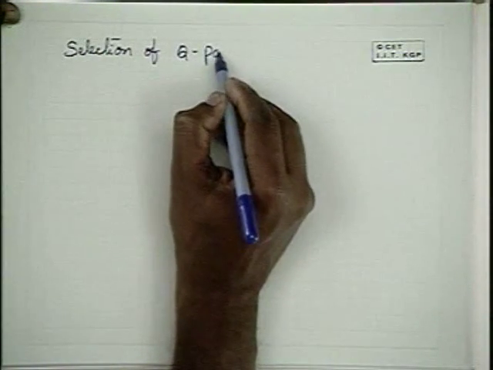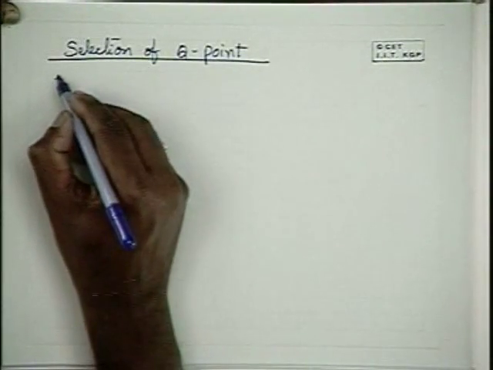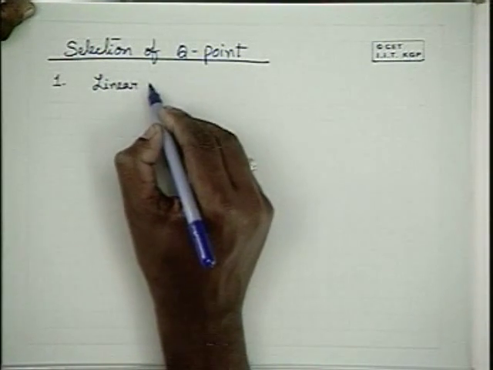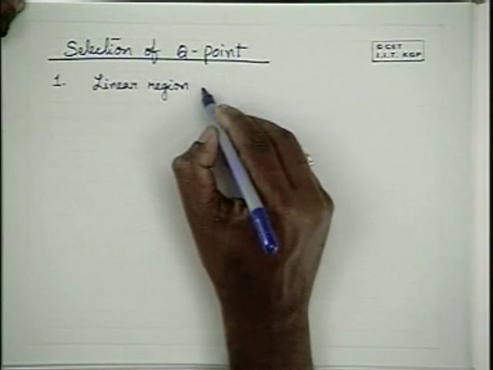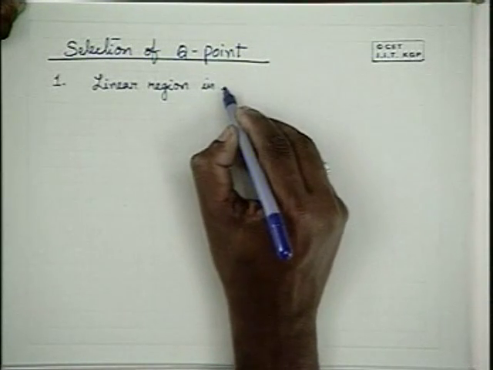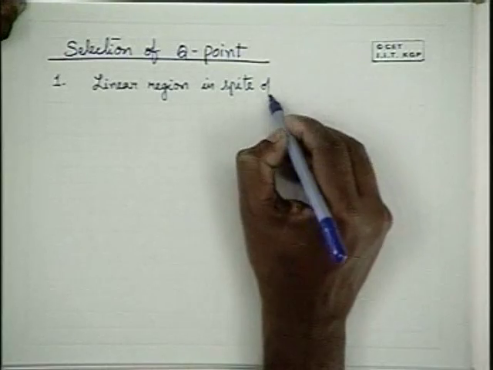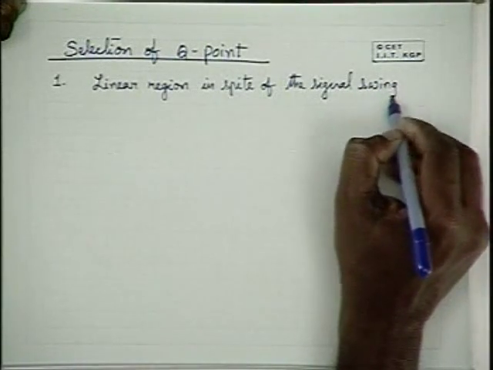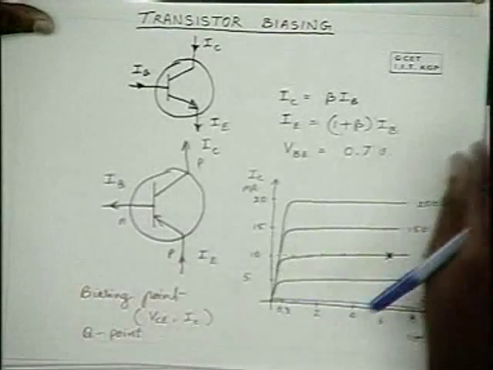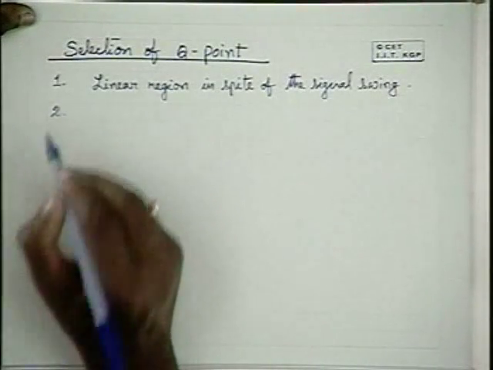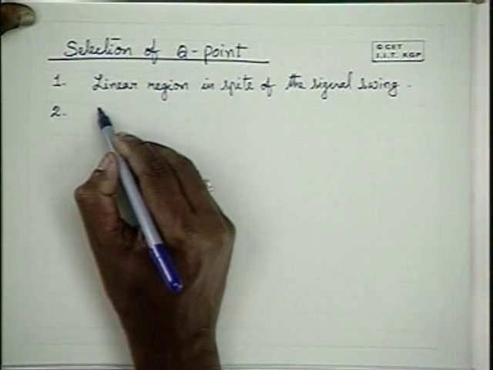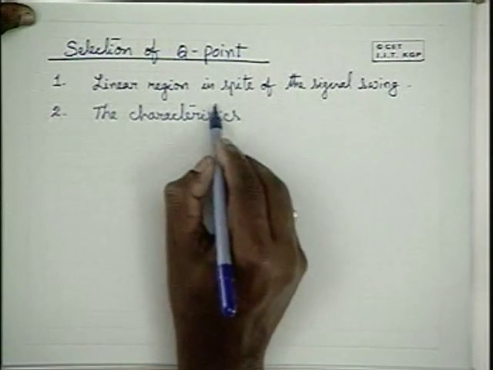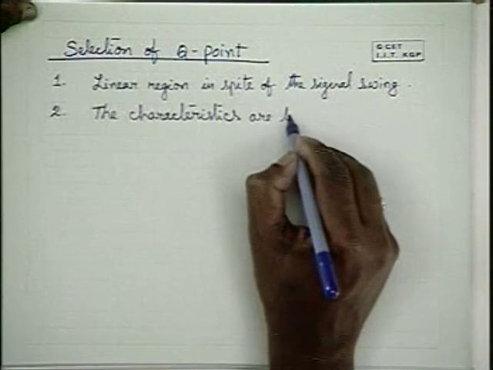Selection of Q point, let me write selection. You see that the transistor operates in the linear region, in spite of the signal swing, and the characteristics are linear around the quiescent point.